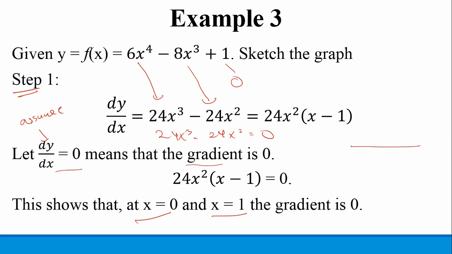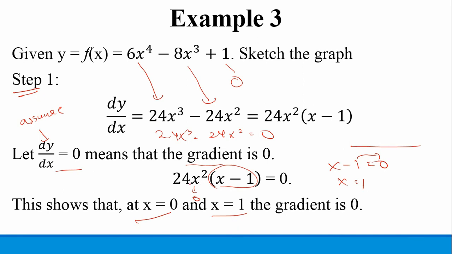If you don't want to use the calculator, when will this become 0? This will become 0 when this factor becomes 0, and the other is when all of the inside of the bracket becomes 0, which is x minus 1 equal to 0. Moving this to the right side, x equals 1.